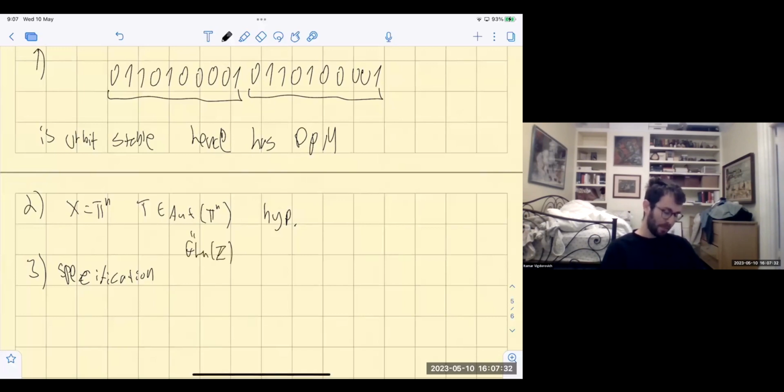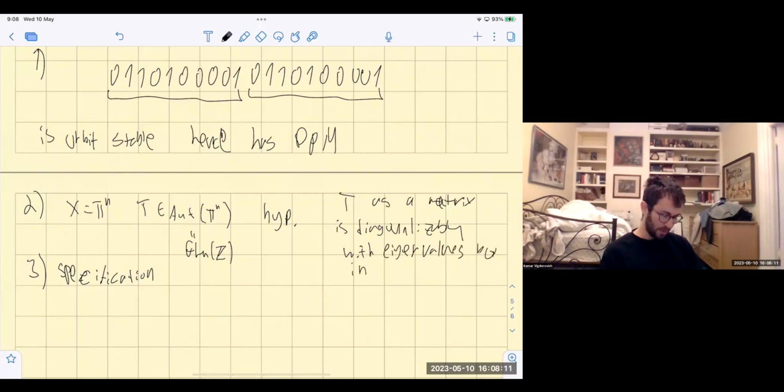As a matrix, being hyperbolic means that the matrix T is diagonalizable with eigenvalues not on the unit circle.